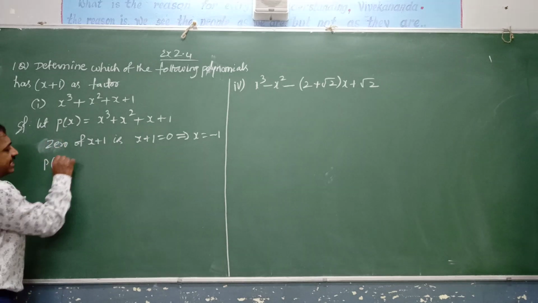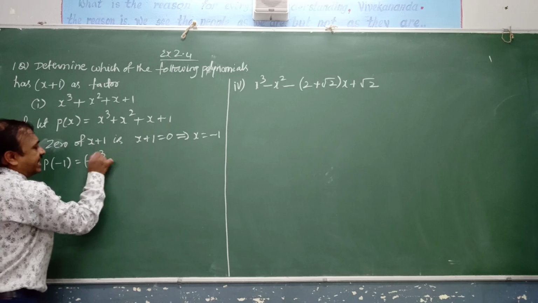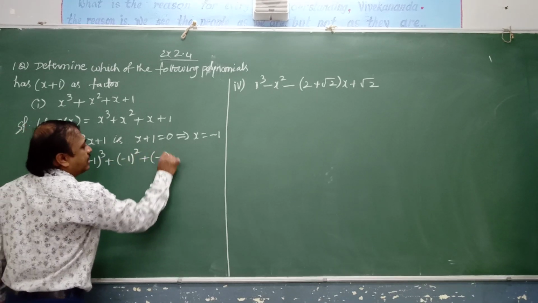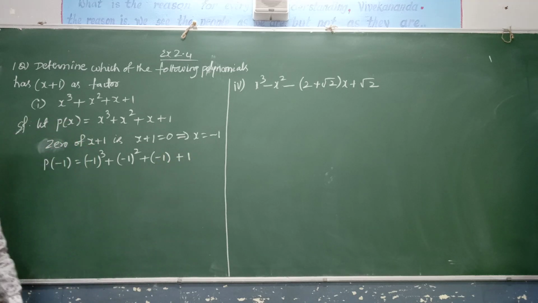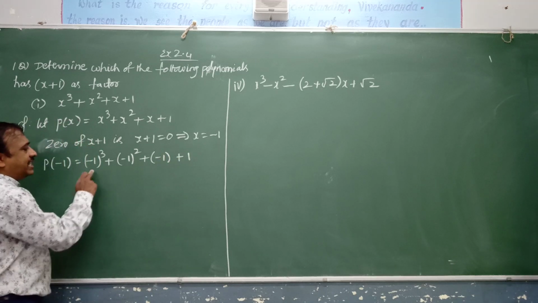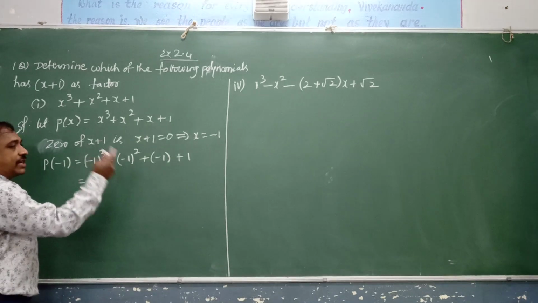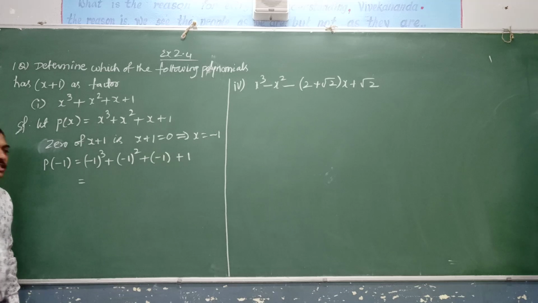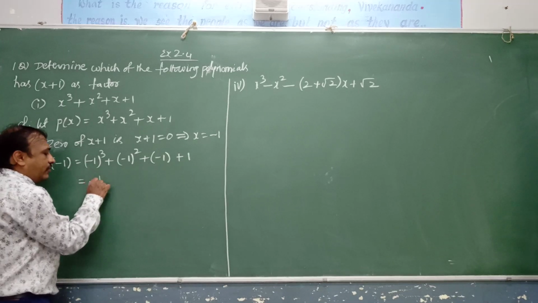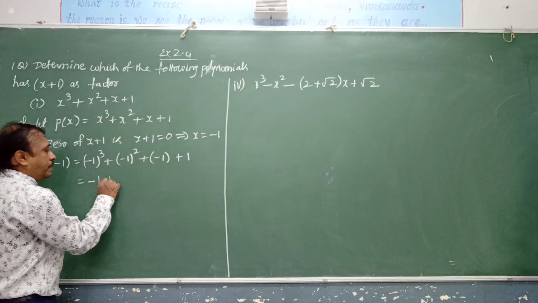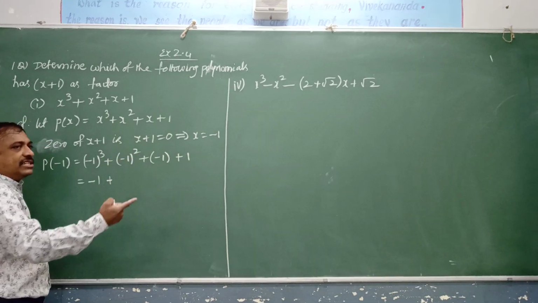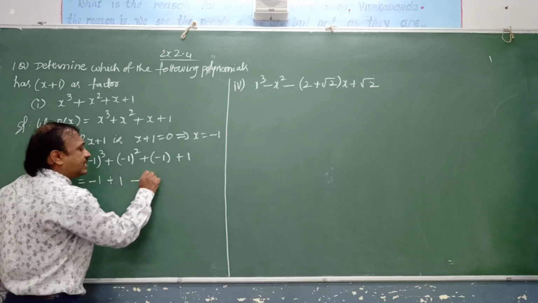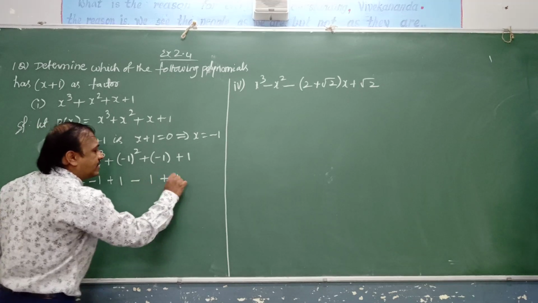P of minus 1 is equal to minus 1 whole cube plus minus 1 whole square plus minus 1 plus 1, which is equal to minus 1 plus 1 minus 1 plus 1.